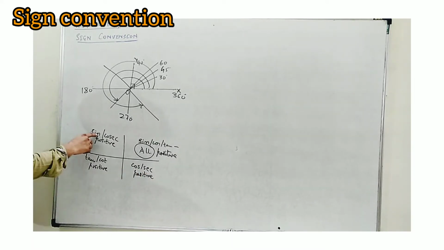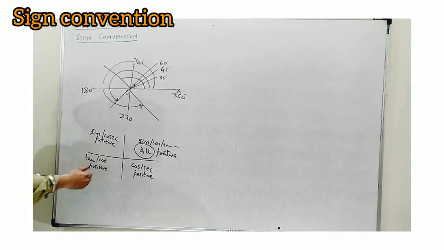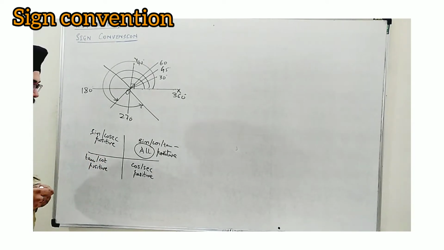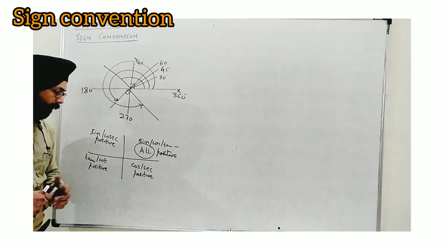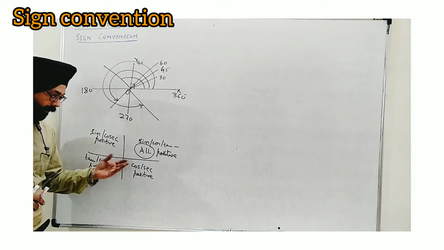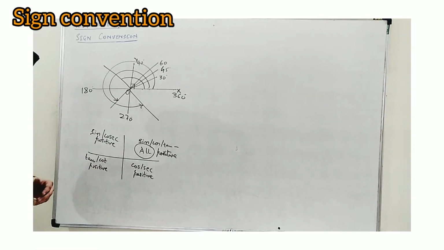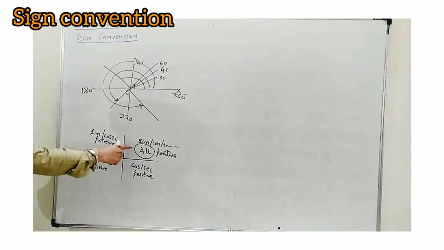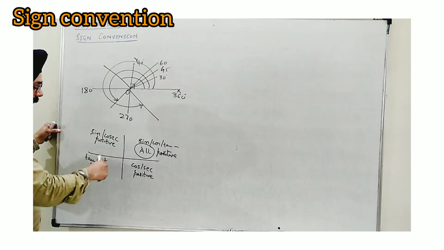Now I have written here that sine and cosec are positive, so for sure the other functions are negative in the second quadrant. In the third quadrant, tan and cot are positive, so the rest of them are negative. Here cos and sec are positive, so the rest of the functions are negative. Now let's think of it. Here I said all are positive.